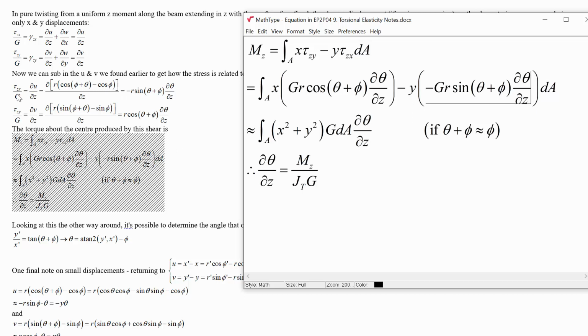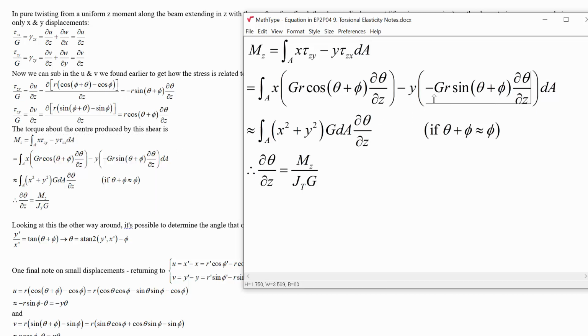After we take the G up there, tau zx, the G and the d theta by dz get pulled out of that. I guess we can leave the G inside in case it's not the same over the cross section. And then what do we have left after we do that? We've got an x r cos theta plus phi, and we've got a y r sine theta plus phi.